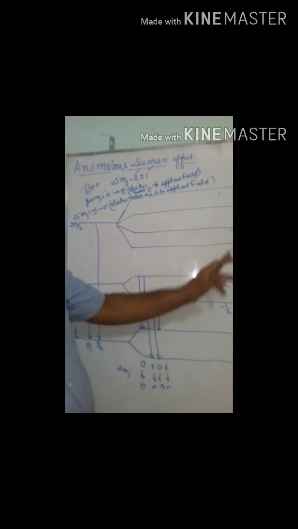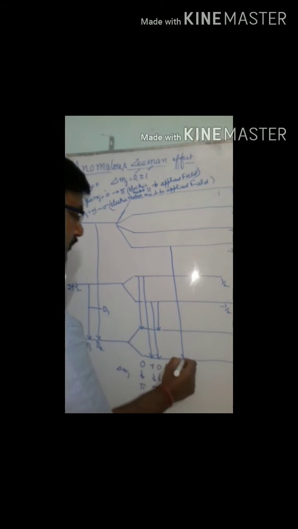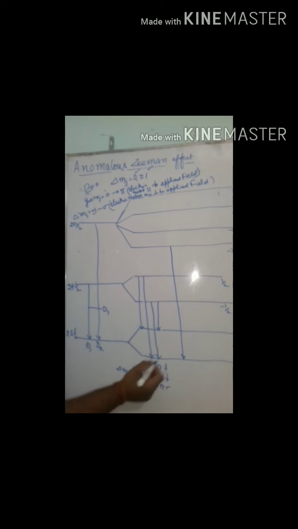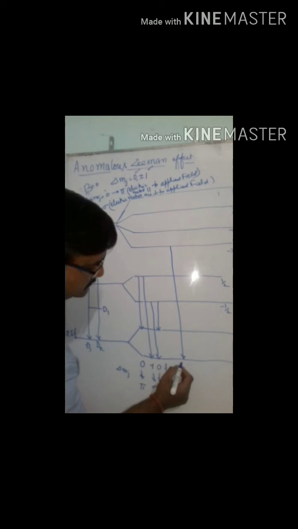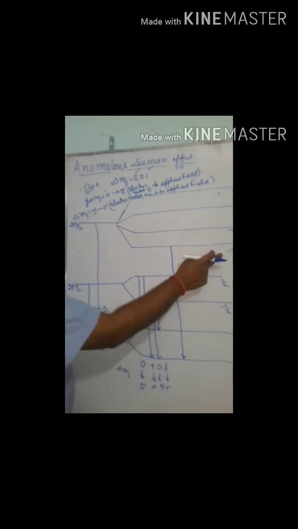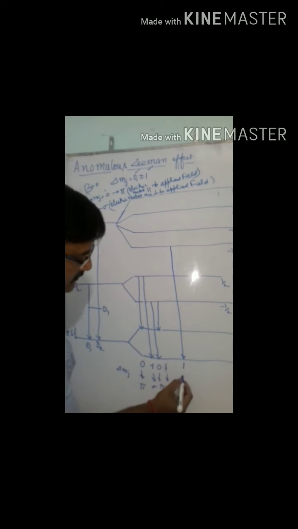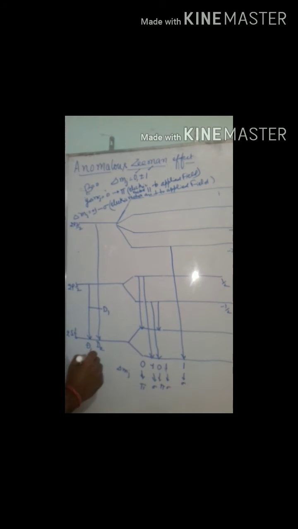So that is minus 1, right? So here to here the transition is possible, and this transition gives you mj value as minus 1 by 2 plus 3 by 2, that is 1. Delta mj is 1. So we get a sigma component over here.